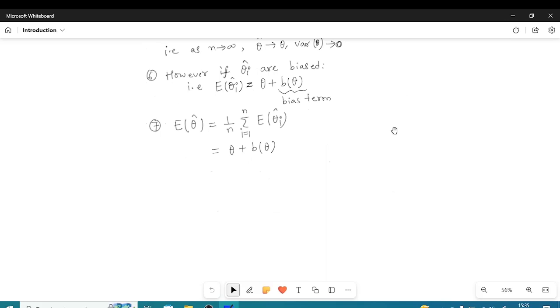This means that even if n is large, the bias will remain.